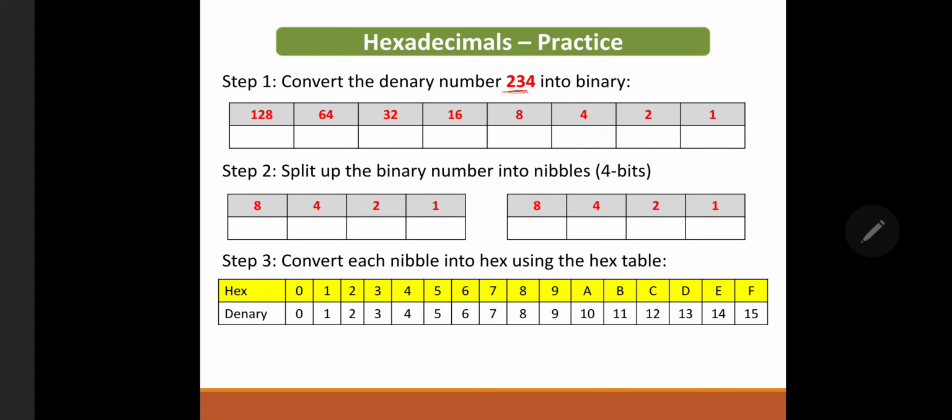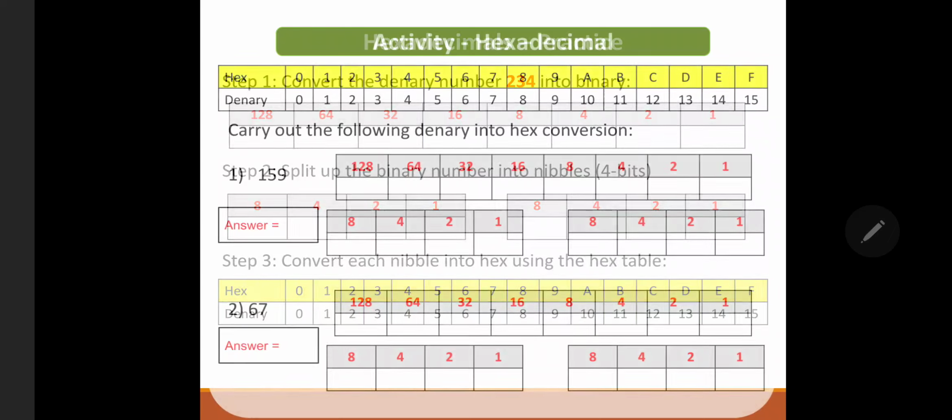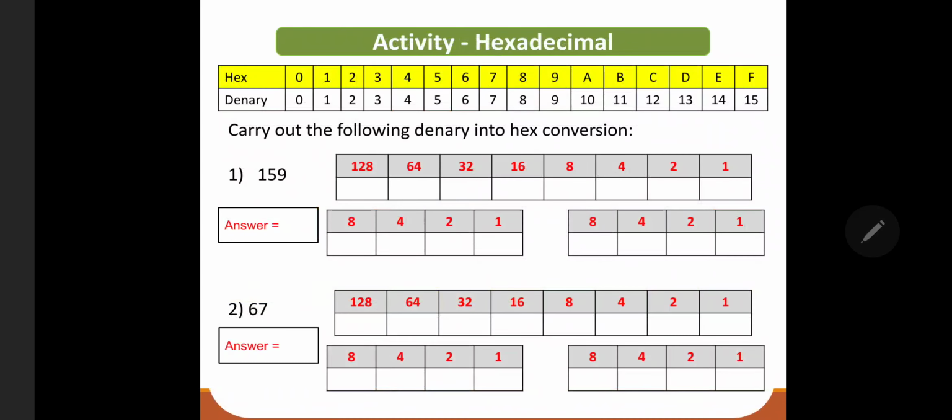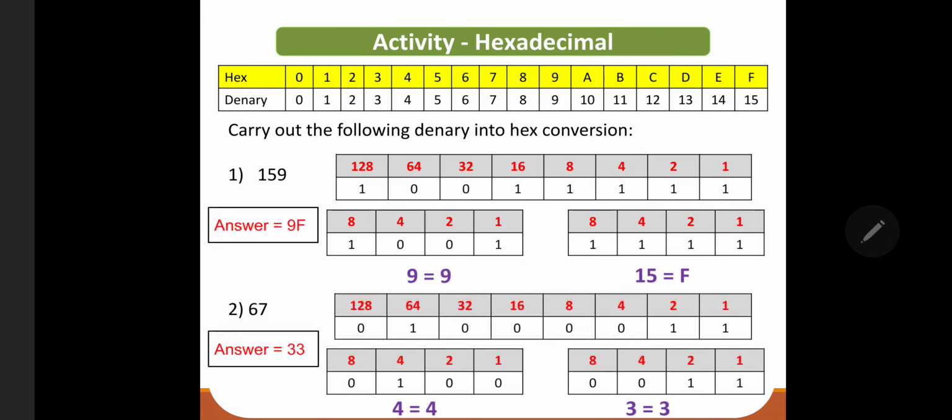All right, I'm going to show you the answer now. Here's the answer. You can try on your own. And remember, for numbers that are above 9, any two-digit number, we don't use the two-digit number. We use the letter representation.